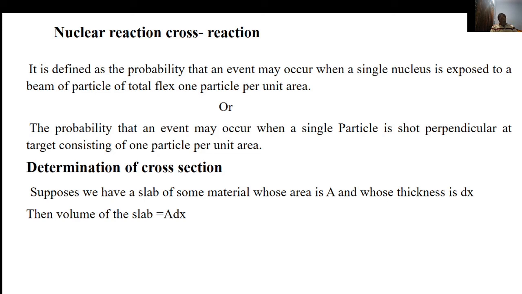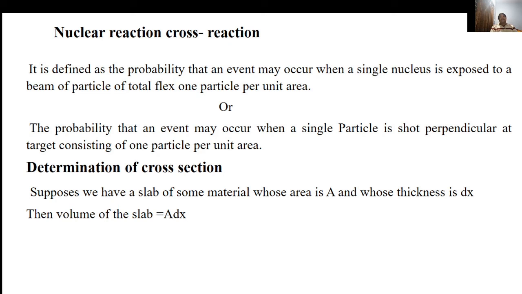So, nuclear reaction cross section is defined as the probability that an event may occur when a single nucleus is exposed to a beam of particles of total flux one particle per unit area.